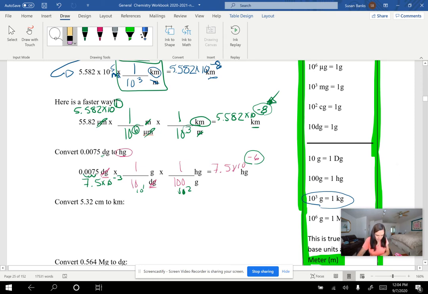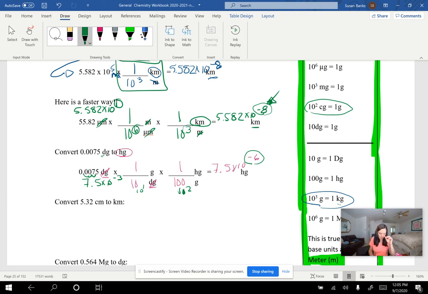Okay. So centi, there's 100 centimeters in a meter. And then meters, there's 1,000 meters in a kilometer. So I'm going to use those two conversion factors.